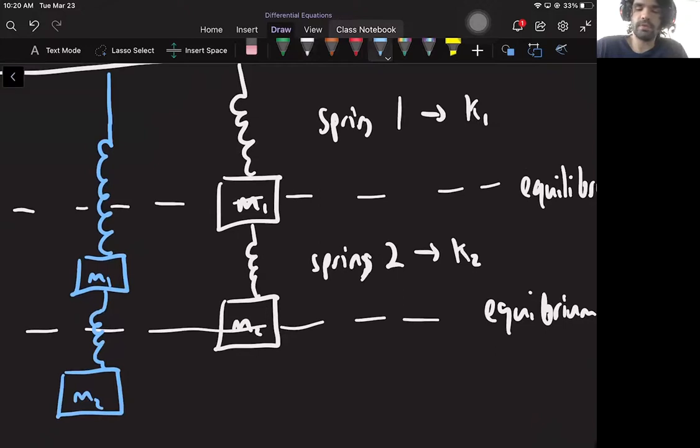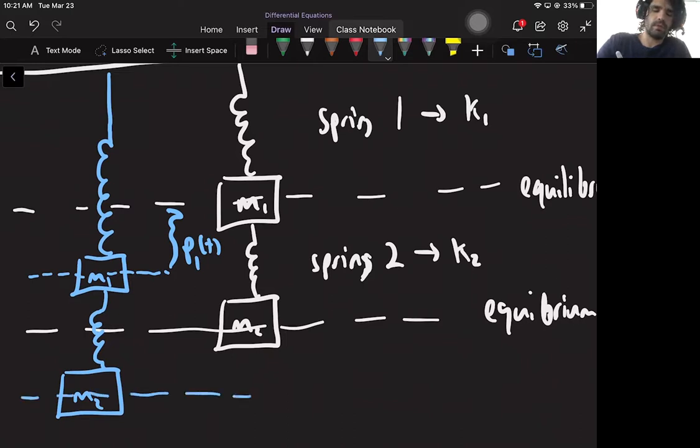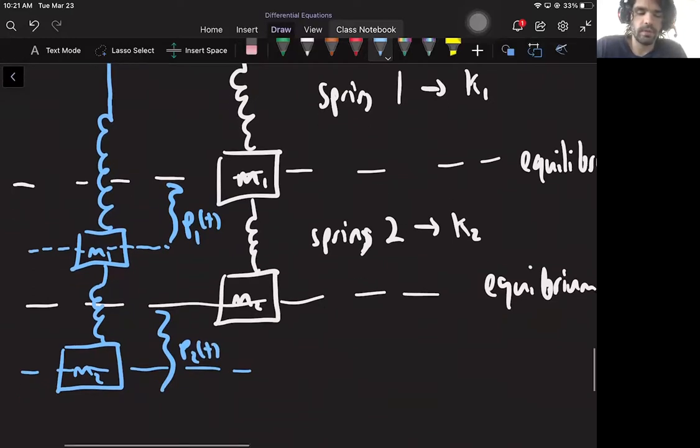Well, now we have the position of two different things that we're looking for. So this difference here, we'll call that position 1 because it's the first mass. And this distance here we'll call position 2, away from the second equilibrium of mass 2.